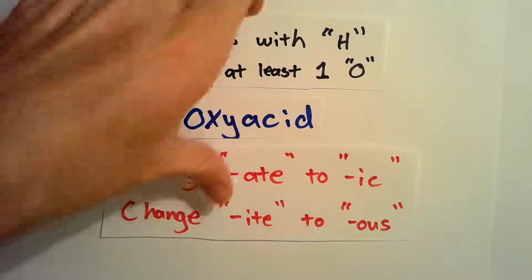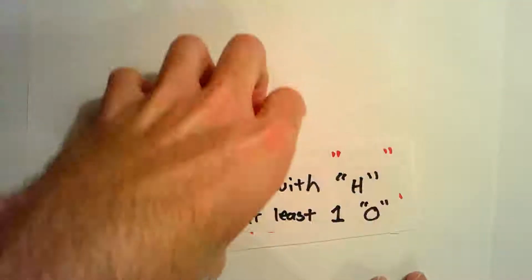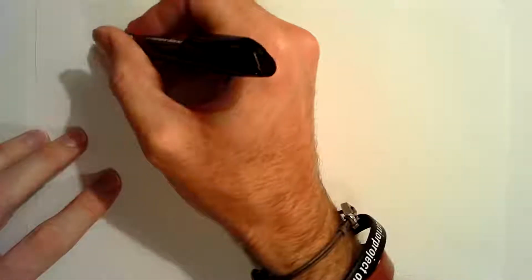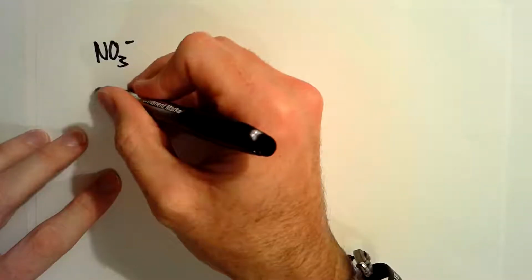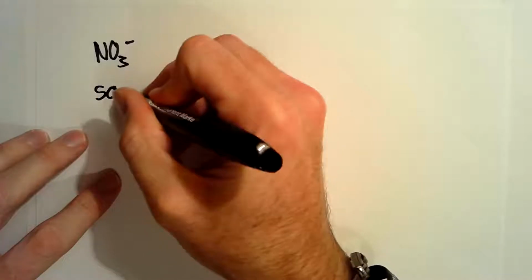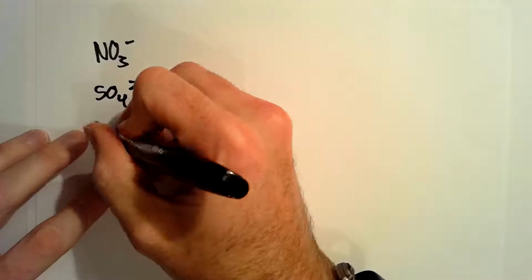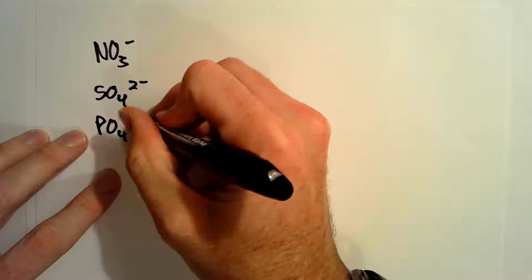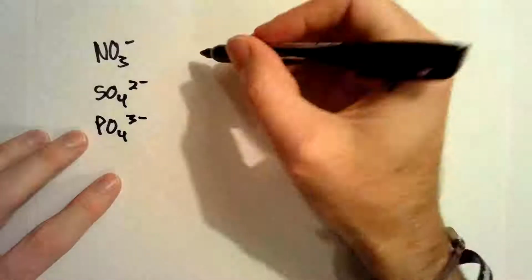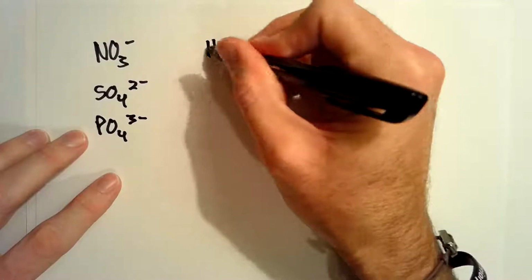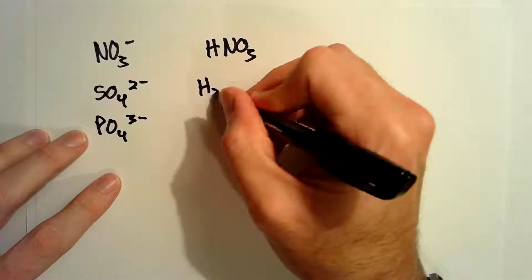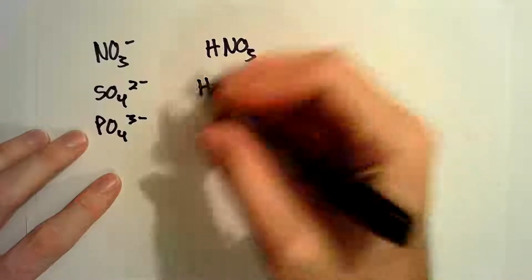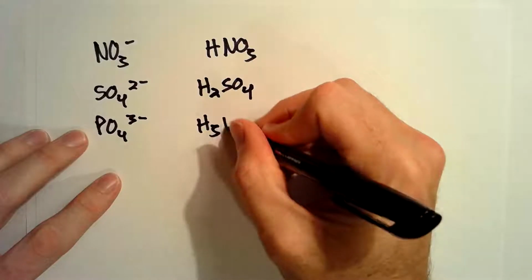So I'll give you 3 examples that will go along with this. So if I have NO3 minus, and then SO4 2 minus, and then PO4 3 minus, all of those corresponding acids will have HNO3, H2SO4, and then H3PO4.